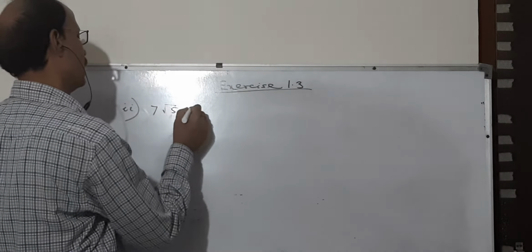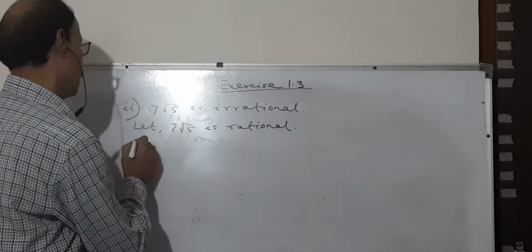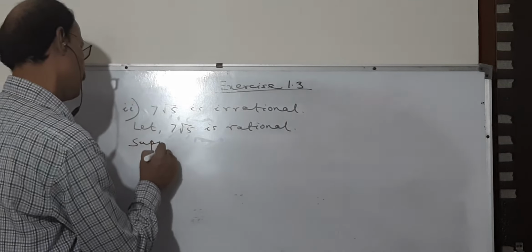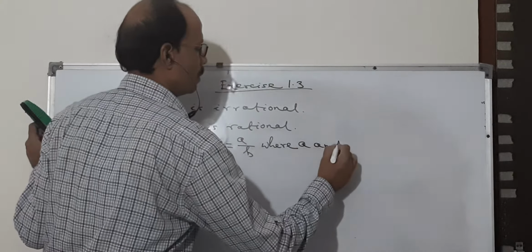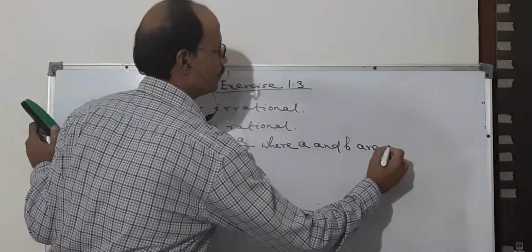Same process: let 7 root 5 be rational. Suppose 7 root 5 is equal to a upon b, where a and b are any integers, and b is not equal to 0.